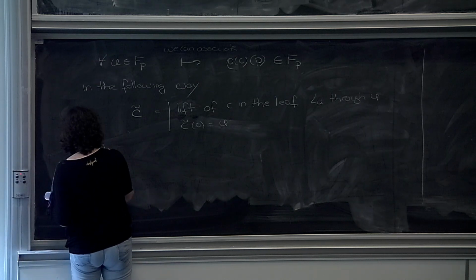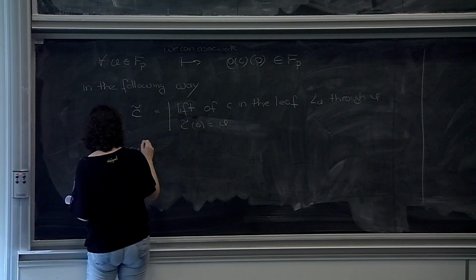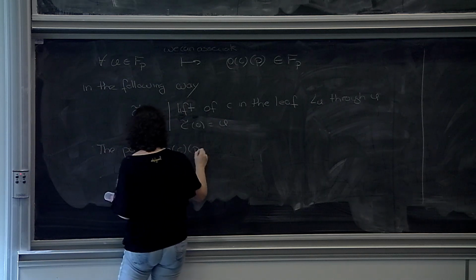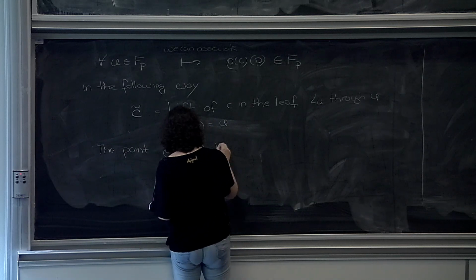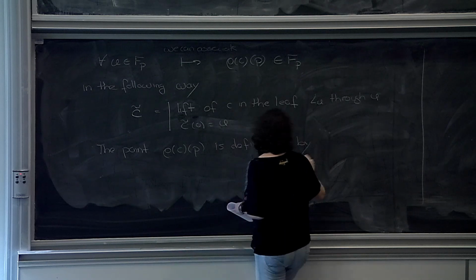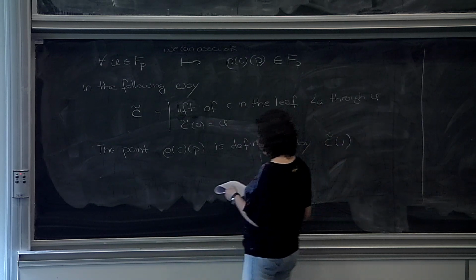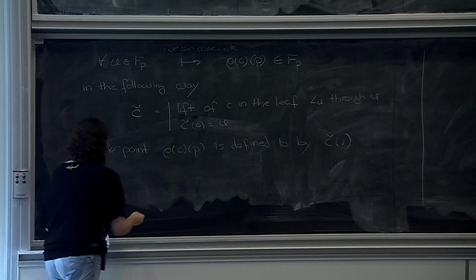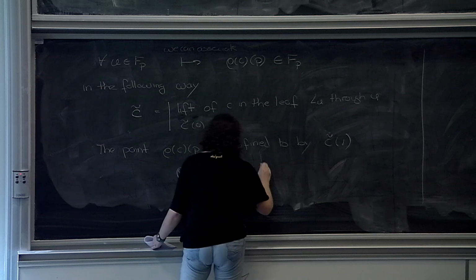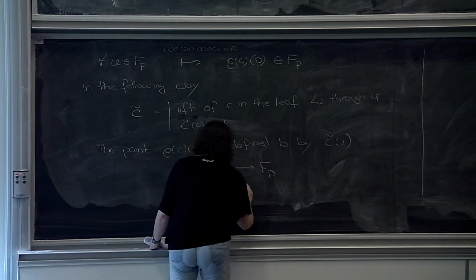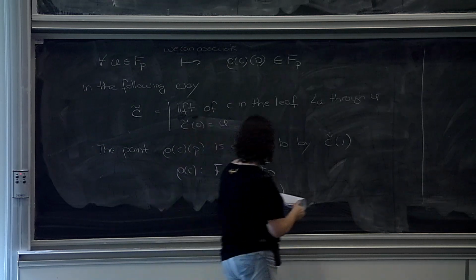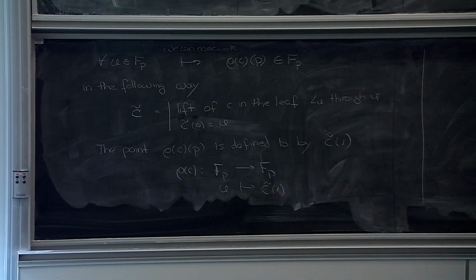So the point that we associate, that I denote by h_C(x), is defined to be the final point of this lift. Okay, so I have this map, h_C, from F_P to F_P, that to the point x associates the final point of this lift.